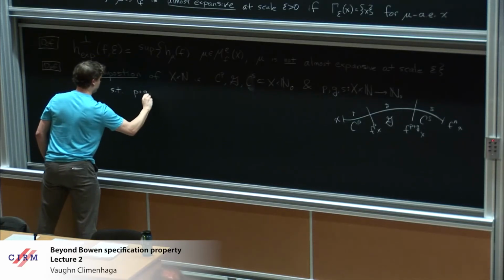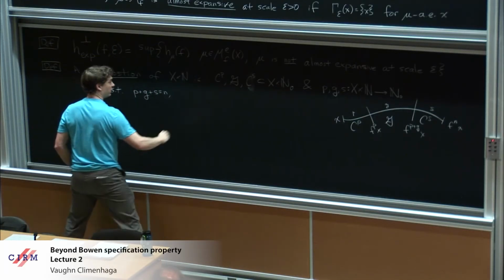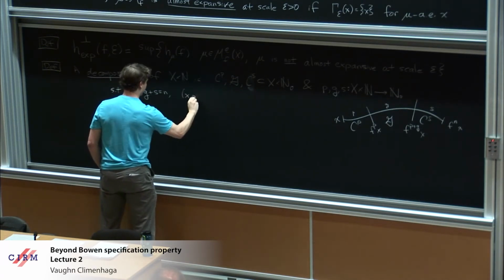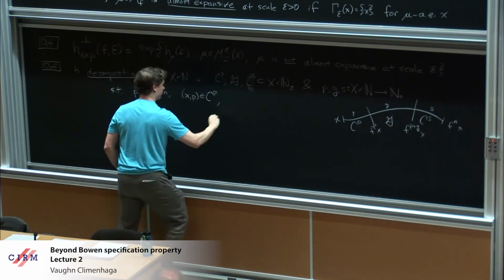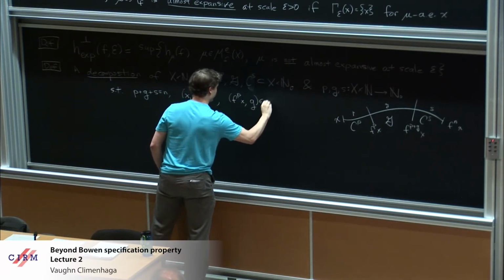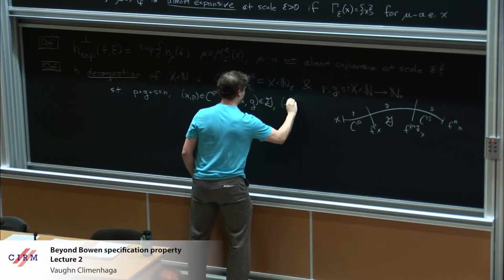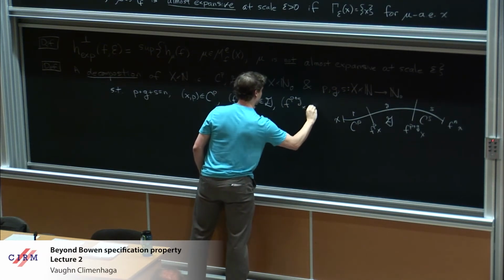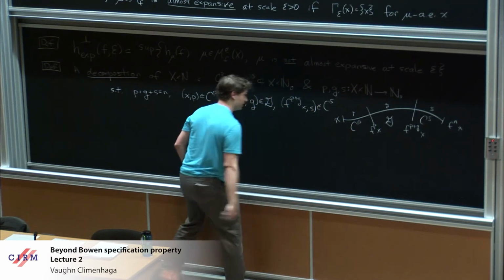In other words, you need p plus g plus s to be equal to n, you need x,p to be a prefix, you need f^p x,g to be good, and you need f^(p+g) x,s to be a suffix.